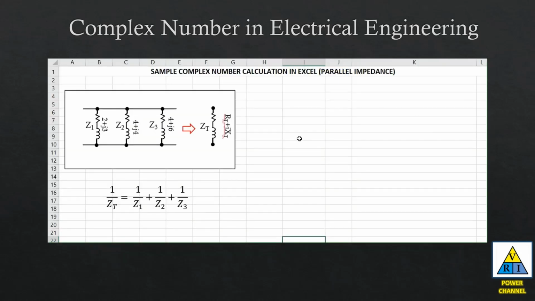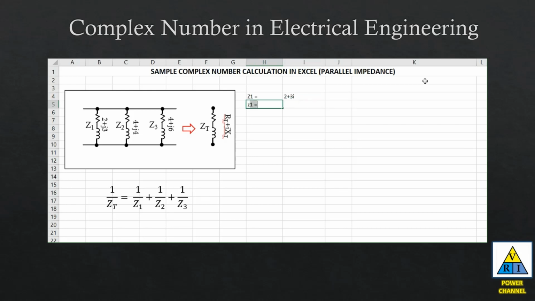Next, we do the complex number calculation of parallel impedances in Excel. So we have Z1 in parallel with Z2 and in parallel with Z3. To compute the total impedance ZT, 1 over ZT is equal to 1 over Z1 plus 1 over Z2 plus 1 over Z3. Then we list all the impedances.